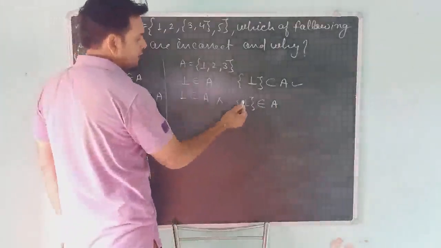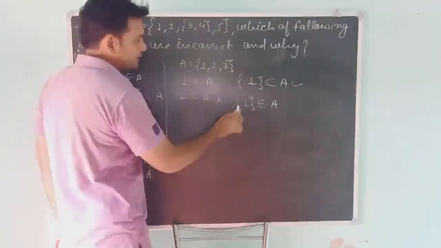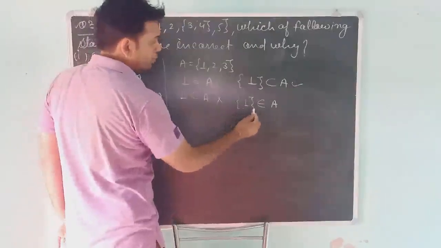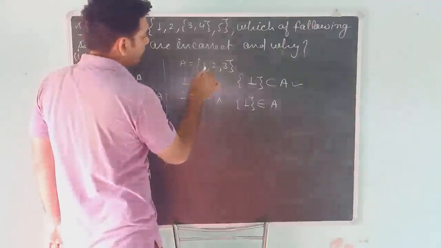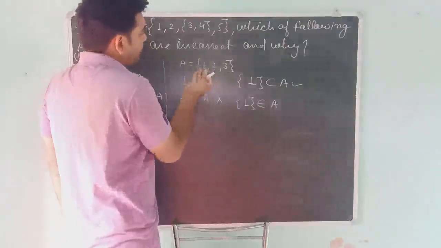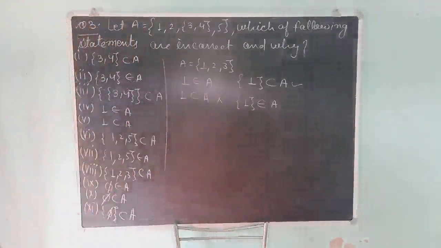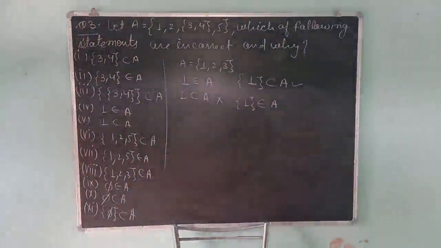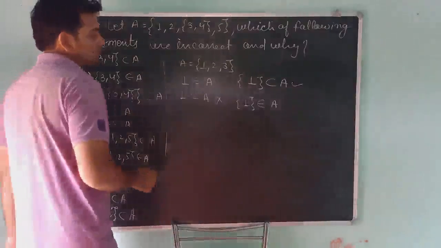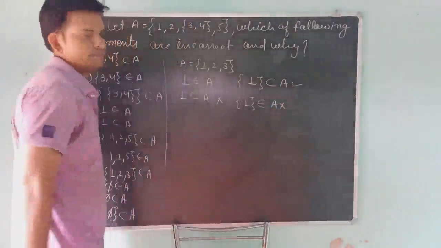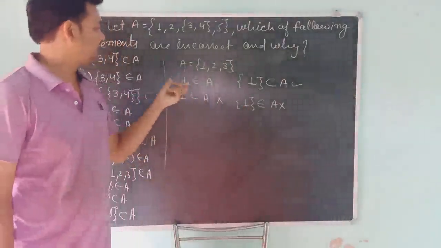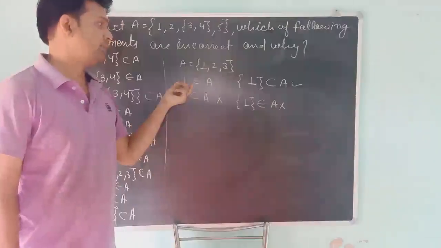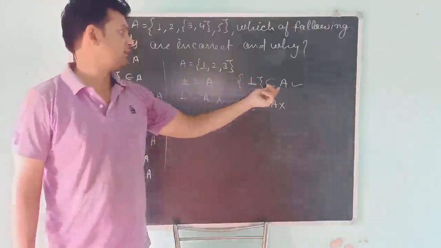But in this set, I am not having any bracket within 1. We don't have any bracket. So this is wrong. {1} is not an element. But if you are putting brackets, then it will be a subset and you will write the subset symbol.